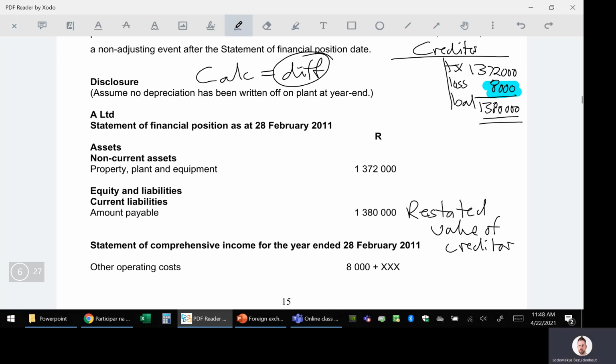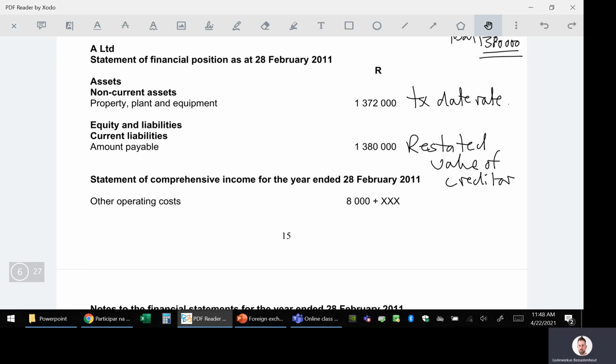Property, plant and equipment is only at the transaction date. That doesn't change. In this question, we would now also have depreciation, because we will combine foreign exchange and property, plant and equipment as one question, as a combination question. Operating cost: that 8,000 is in the statement of comprehensive income, and that is our foreign exchange loss.